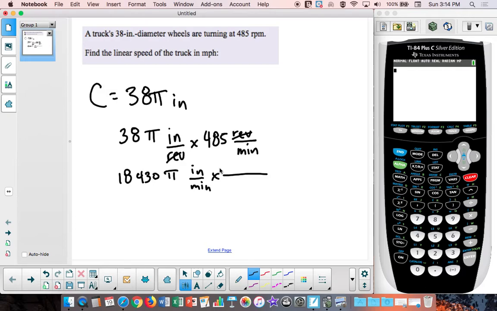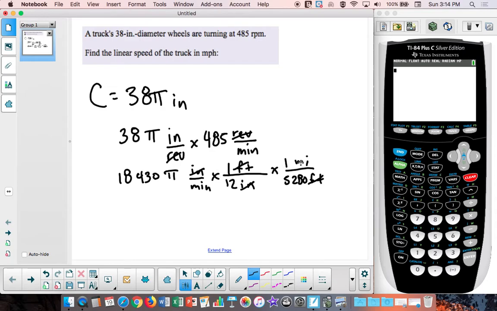change your units. So we want to get rid of inches and change that into miles. We can say 1 foot is 12 inches. Inches are going to cancel. Then multiply that by 1 mile, and there's 5,280 feet in 1 mile, so feet cancel.